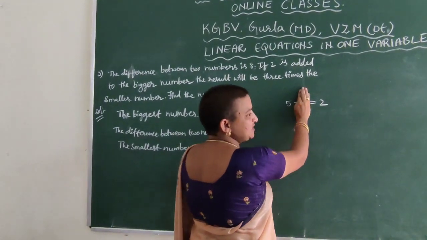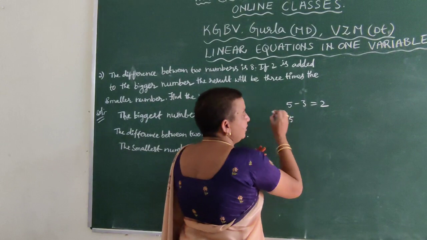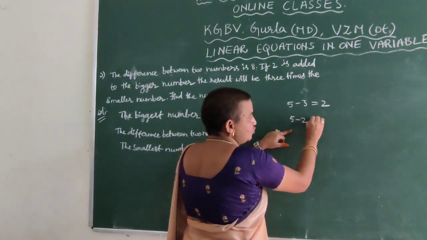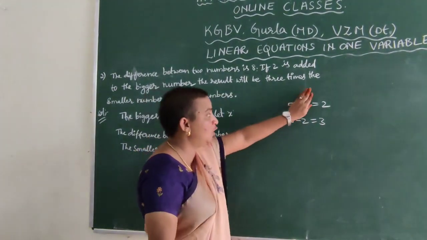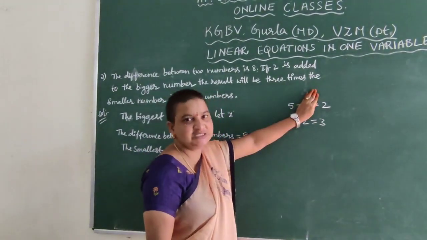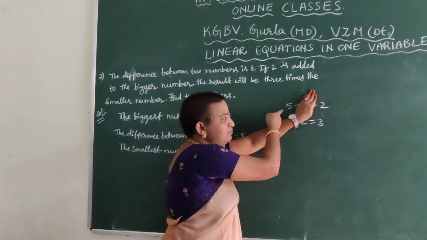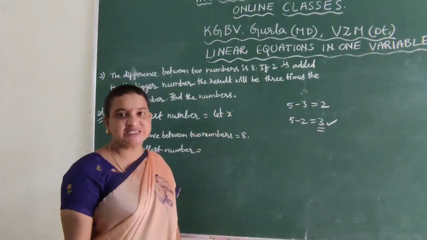How can you find it? If we subtract 2 from the biggest number, 5 minus 2 is equal to 3. So if we want to know the smallest number, you have to subtract the resulting answer from the biggest number.